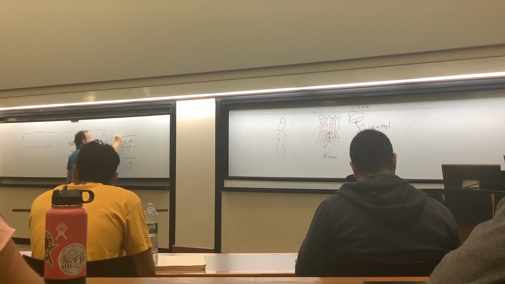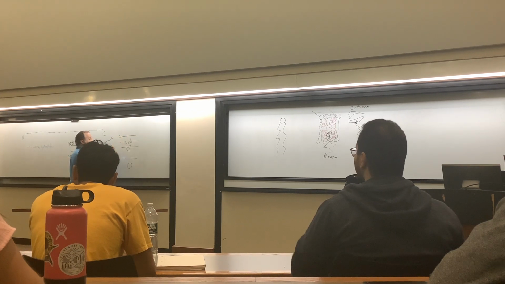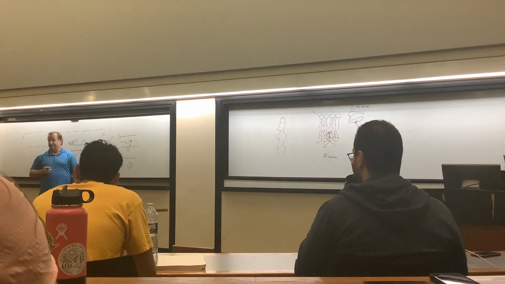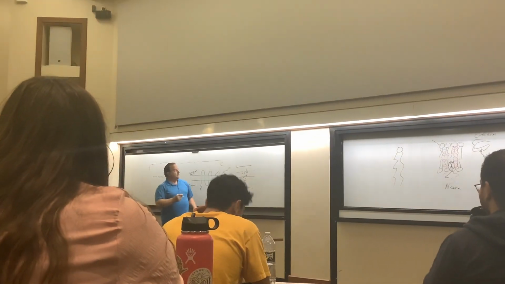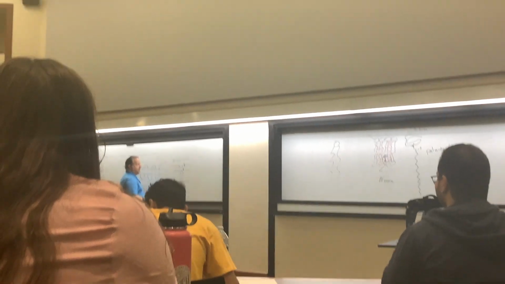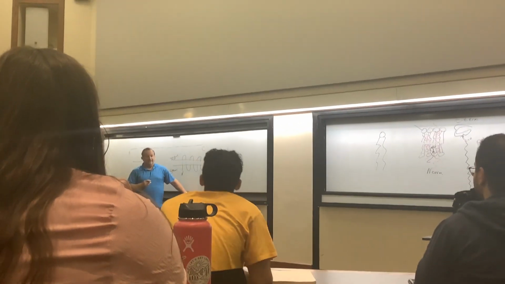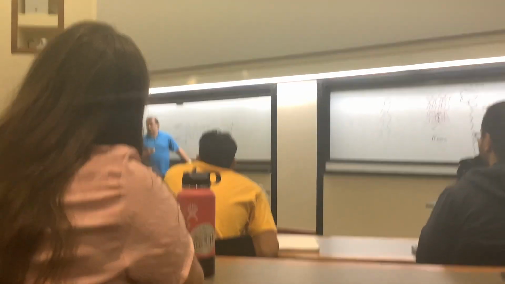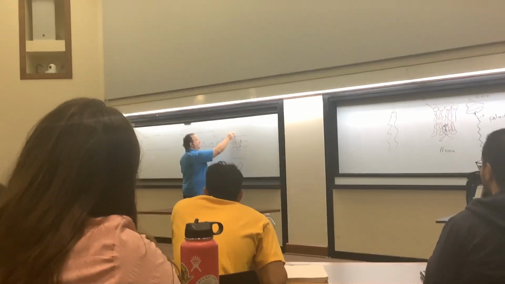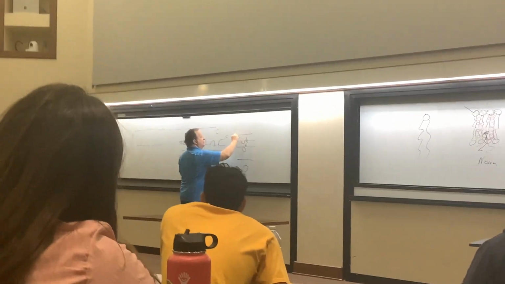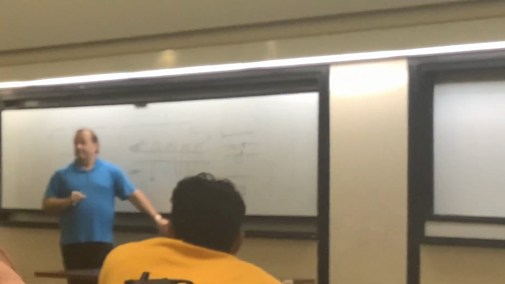So let's say this is the inside, this is the outside of the membrane. Let's say it's a cell membrane. So, what's inside that vesicle? Are the things inside that vesicle the things that were here or the things that were here? It's what was inside the cell.